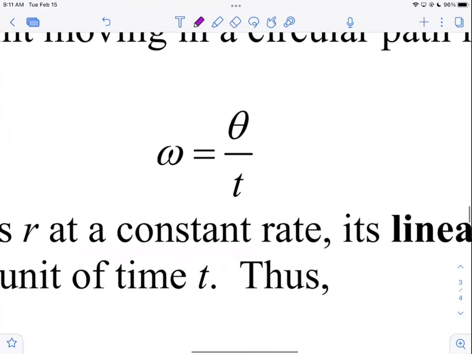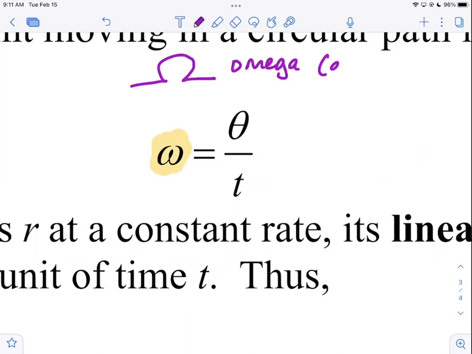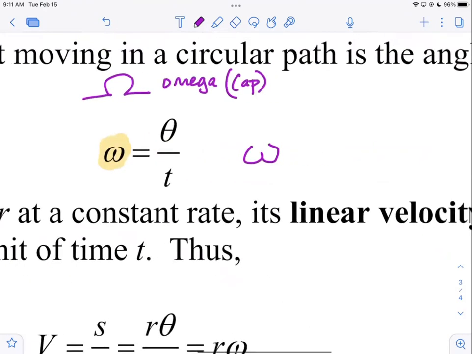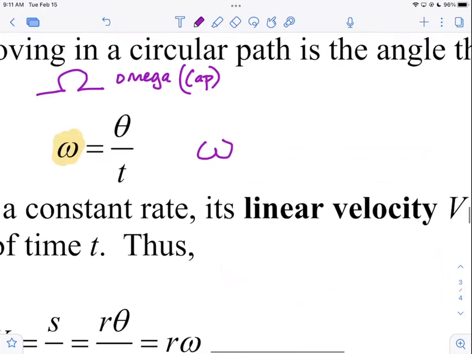So to measure angular velocity, we use the lowercase omega. So here's capital omega. And then the lowercase omega looks like the W, but the only thing is it's kind of rounded, all right? So we call that theta per time. That's angular velocity.